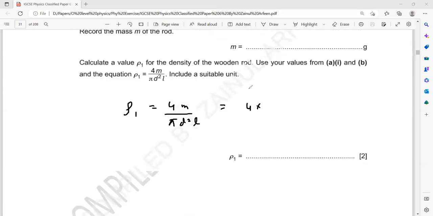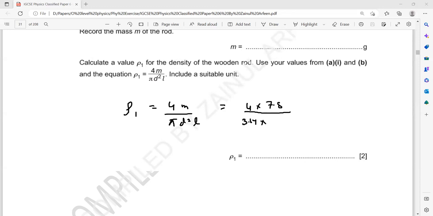Grams per centimeter cubed will be the suitable unit, because the mass is in grams and the lengths we took are in centimeters. So pi is 3.14. What about the diameter? 1.6 squared.